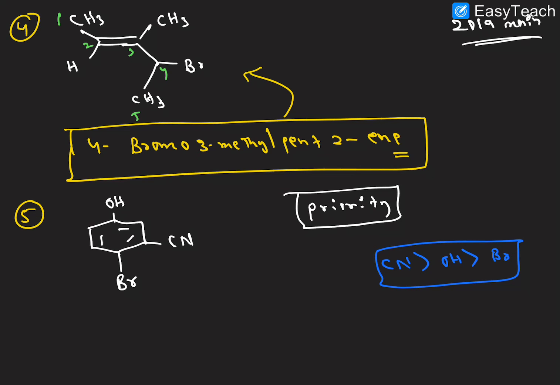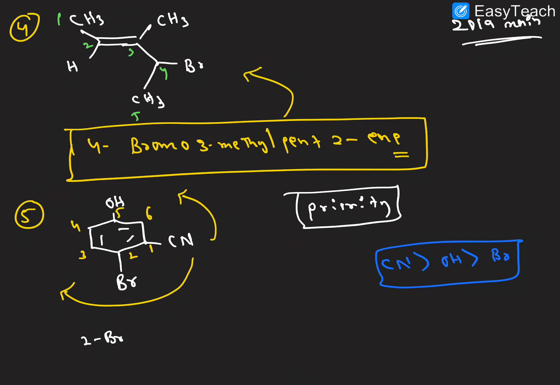So first we select the priority order. This is 1, this is 2, 3, 4, 5, 6. Here also the locant rule applies, so we need not go this way; we count this way, because of the substituents we get the least number. So what is the name of this compound?